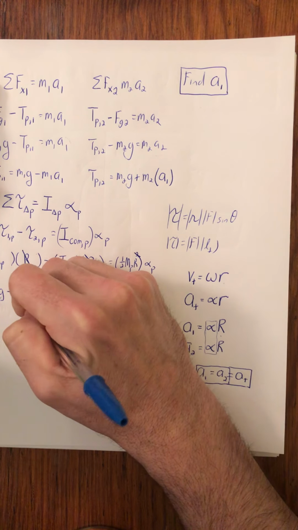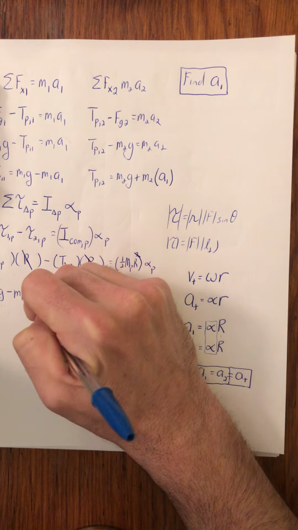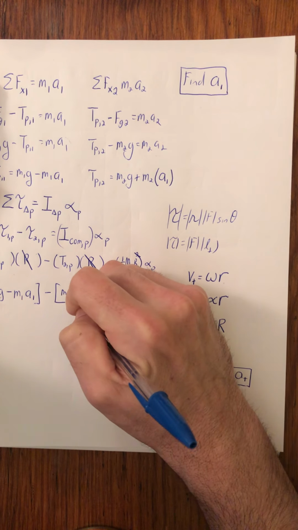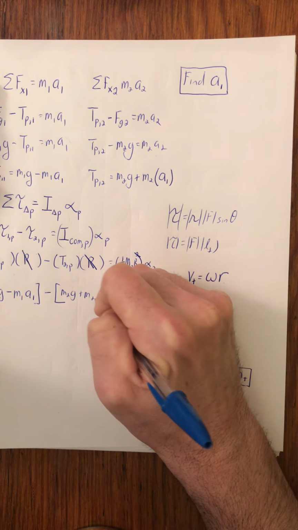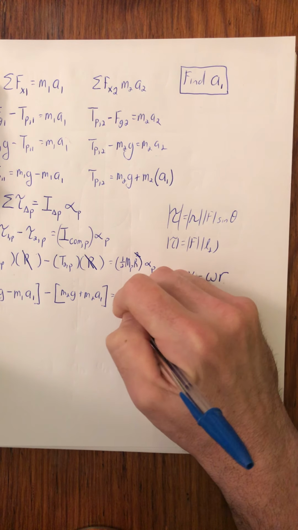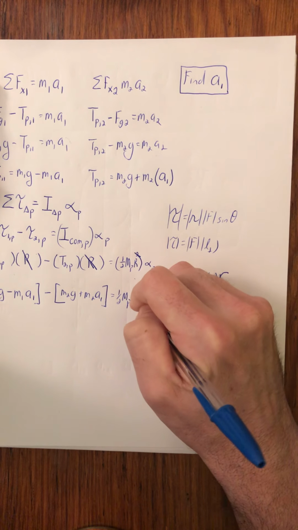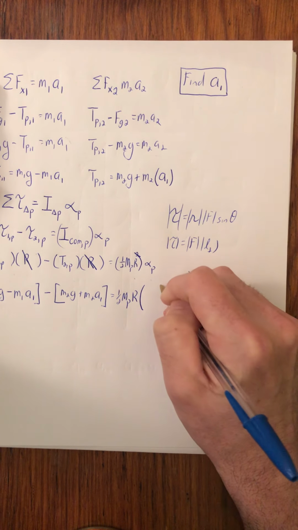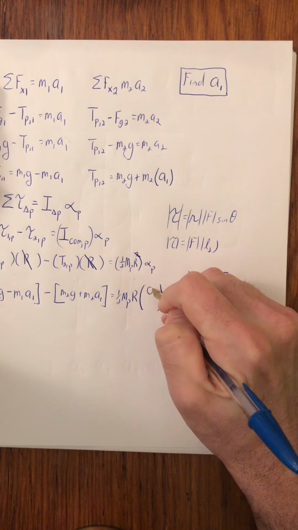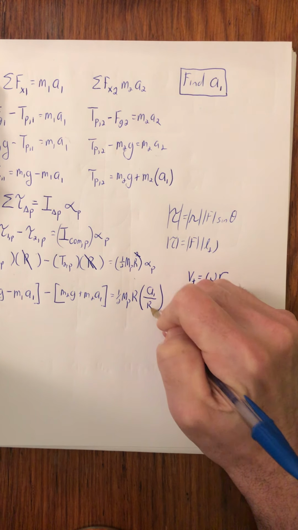M1G minus M1A1 minus M2G plus M2A1 is equal to 1/2 mass of the pulley, R, and in place of alpha of the pulley, remember I'm trying to get A1 in here, I can rearrange this and put A1 over R.